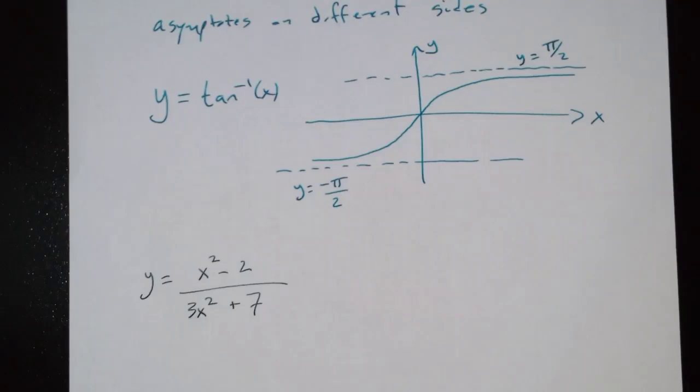This is a rational function that I just made up. Back in algebra, I was told there was an easy way with a rational function to figure out if it had an asymptote.